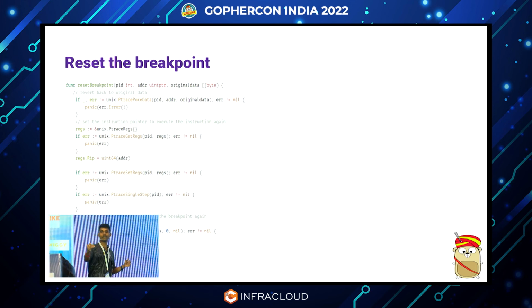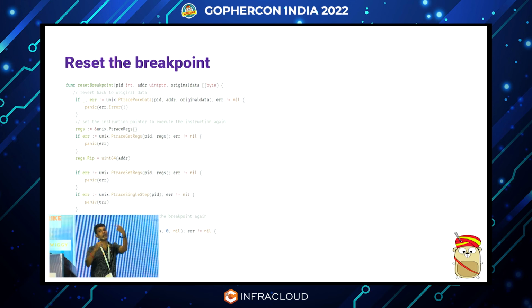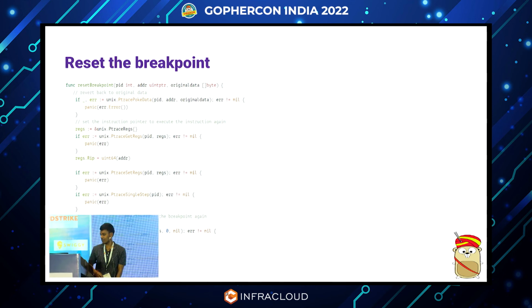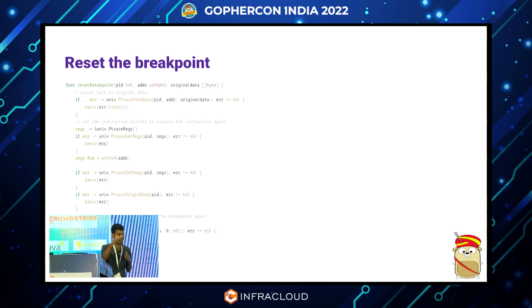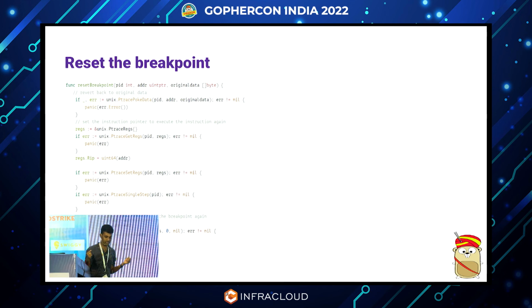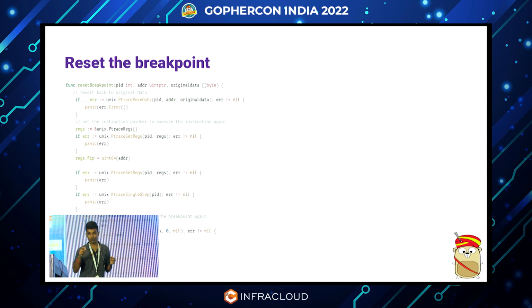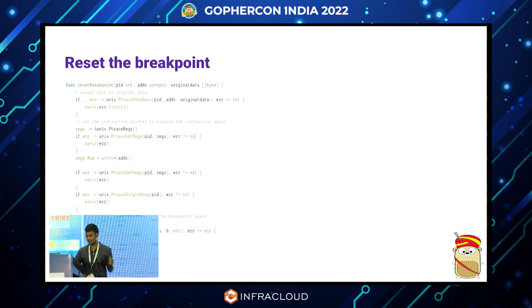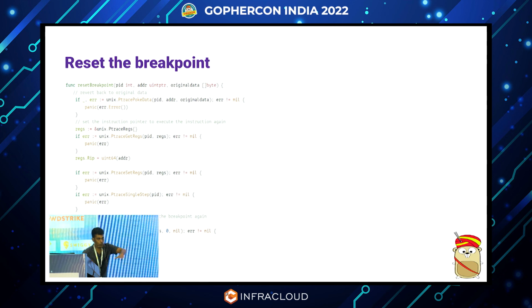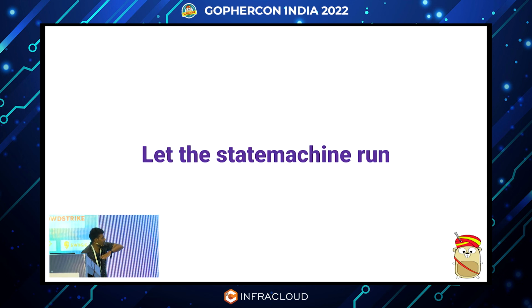Once you execute only 13, then we put the breakpoint again, so that whenever 12 executes, it stops and pauses there. So the idea is: you set the breakpoint, then you get the signal, you revert the original instruction and set the register to execute the breakpoint location again, and set the breakpoint back. This is the simple logic loop that keeps happening in the debugger, and that is your simple debugger state machine.